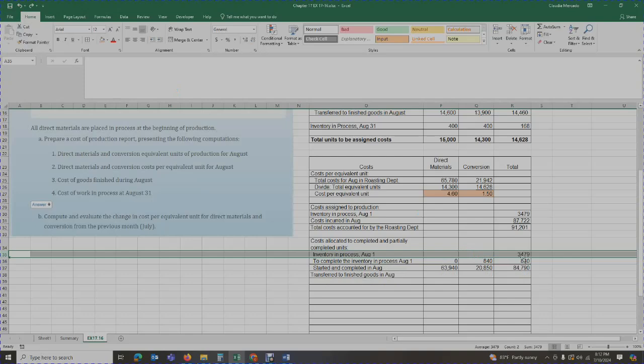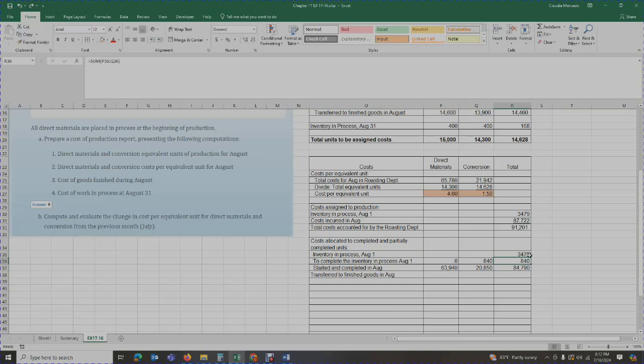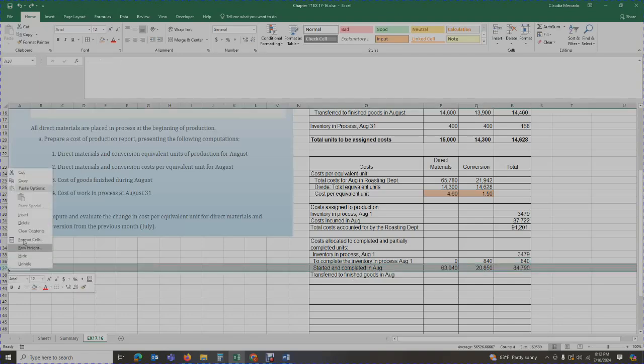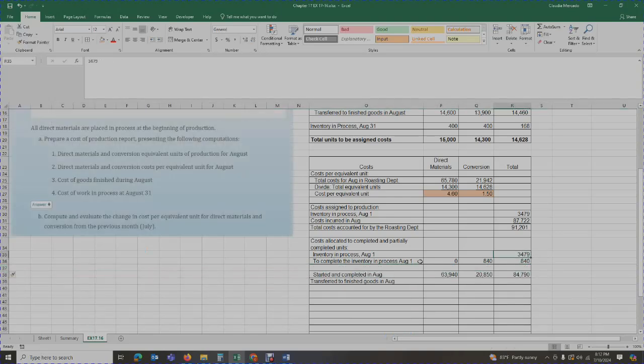No, I've got it. Never mind. It's there. So it's 3479, and then we've got the 840. And then after that, I am missing one item. Right here is where I missed it. So all of the calculations are good up to there. And then we've got the 840. And here, all I'm missing is a total.